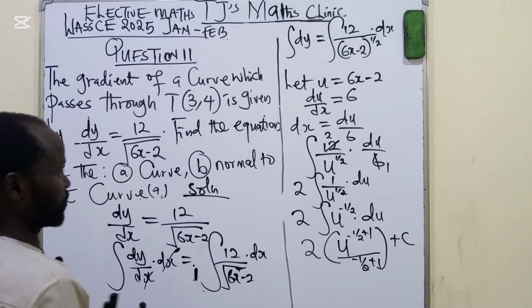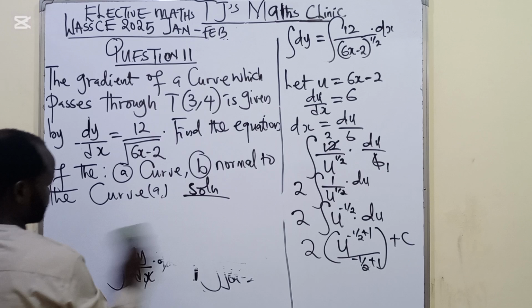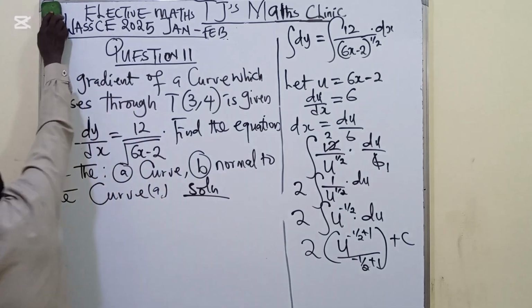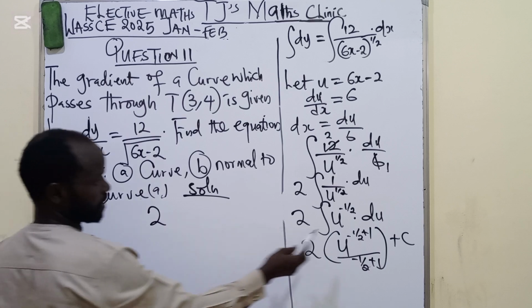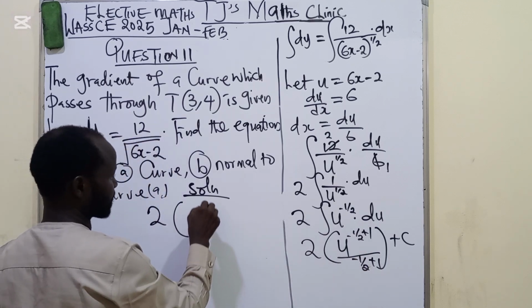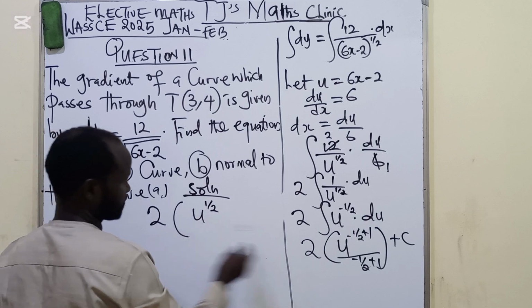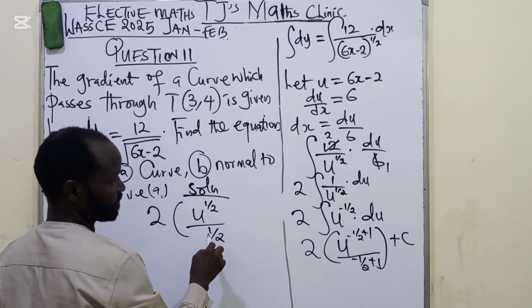Let's move here so that we can work on that. This will now be 2 times u power half, divided by minus half plus 1, which of course is half.